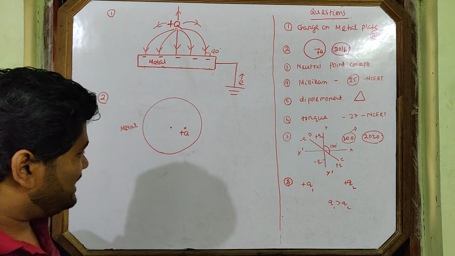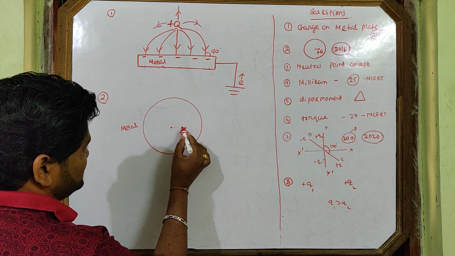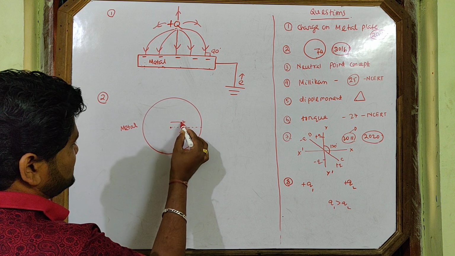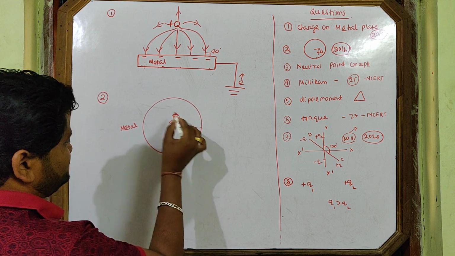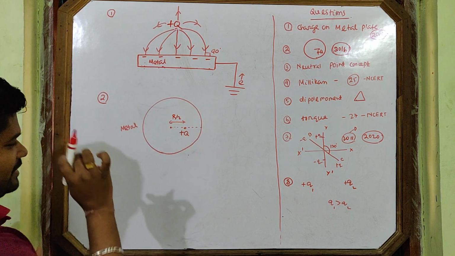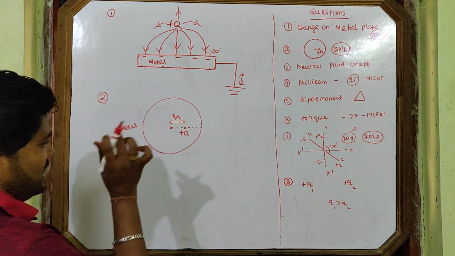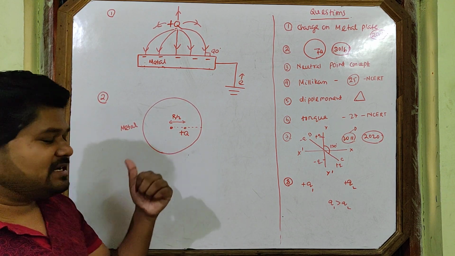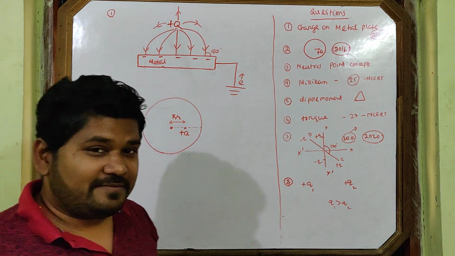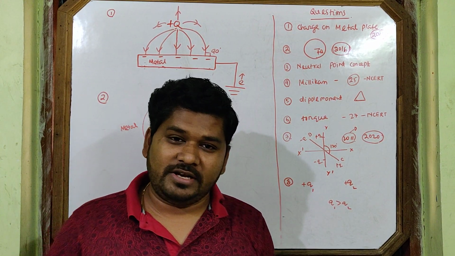Plus Q charge is placed at a distance of R by 2 from the center, where the total radius is R. Draw the electric field lines. How will we draw the electric field lines?